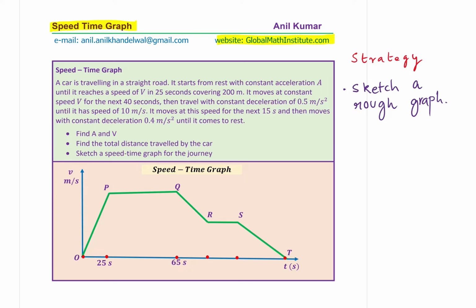We have a car which starts from rest. It accelerates with constant acceleration a and attains a velocity v, which is capital V. The duration is 25 seconds and the distance covered during this time is 200 meters. So we can write distances at the bottom as shown here. That is what we are given.